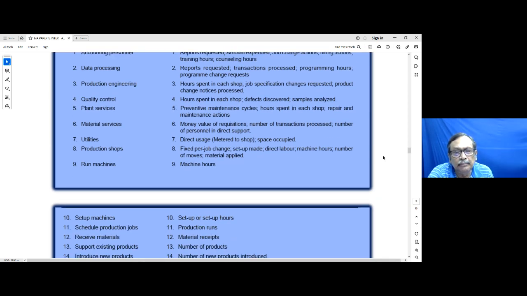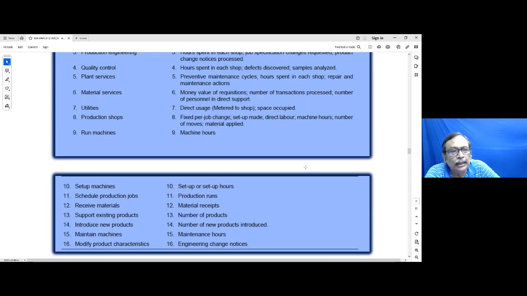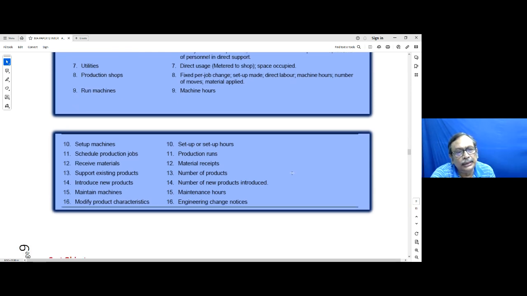Material services: money value of requisitions, number of transactions processed, number of personnel in direct support. Utilities: direct usage, metered to shop, space occupied. Production shops: fixed per job change, setup mode, direct labor, machine hours, number of moves, material applied, etc. Run machines: machine hours. Setup machines: setup hours.